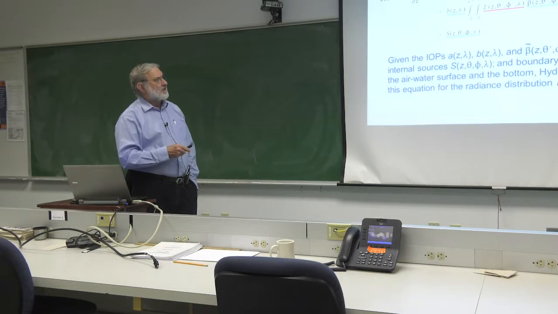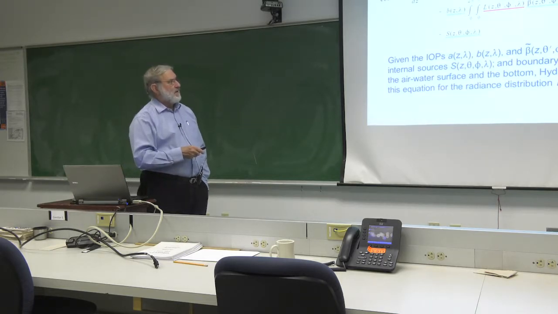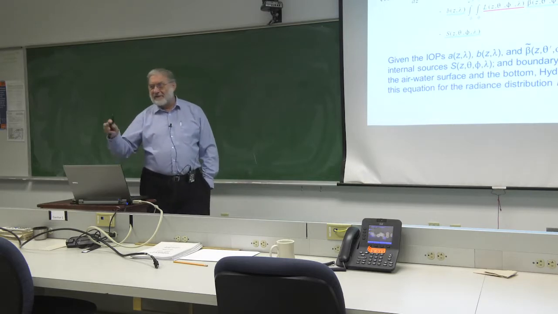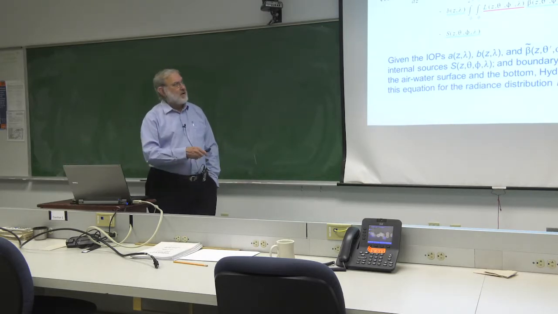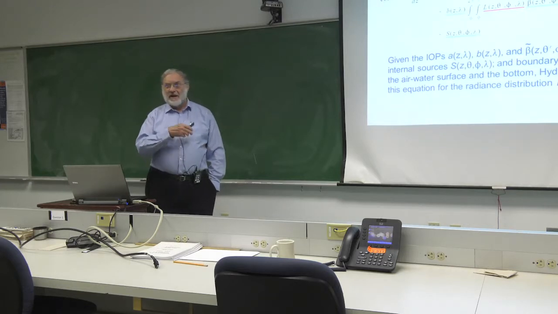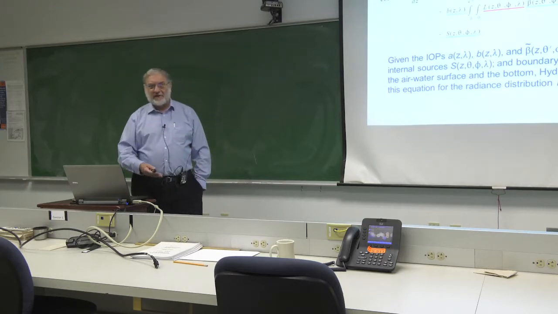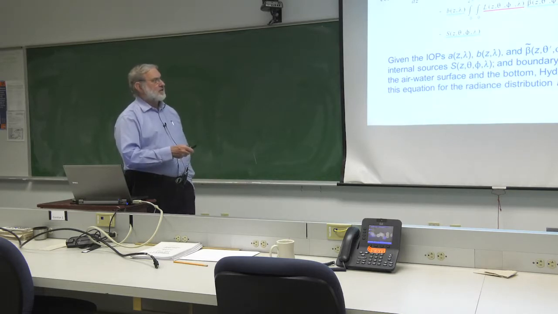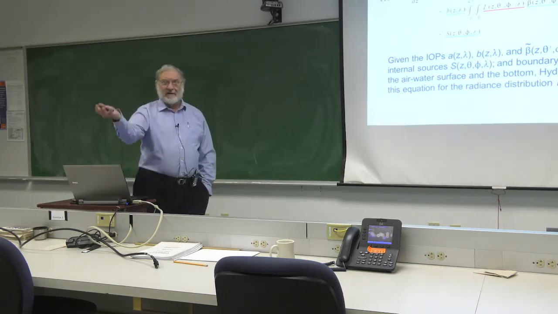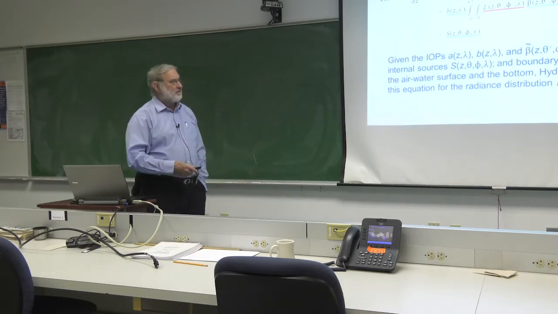And then Hydrolight solves this equation for the radiance here. And then all the irradiances, reflectances, K functions, all of those things are computed using their definitions and using the radiance that Hydrolight solves for. So to get ED, it just takes the solution radiance, integrates it over the hemisphere, etc.